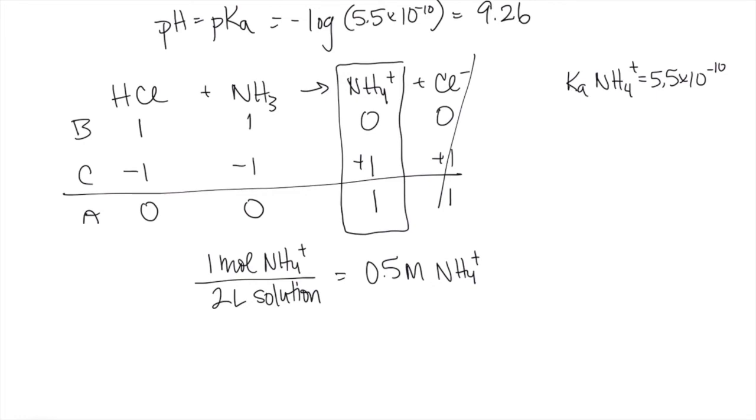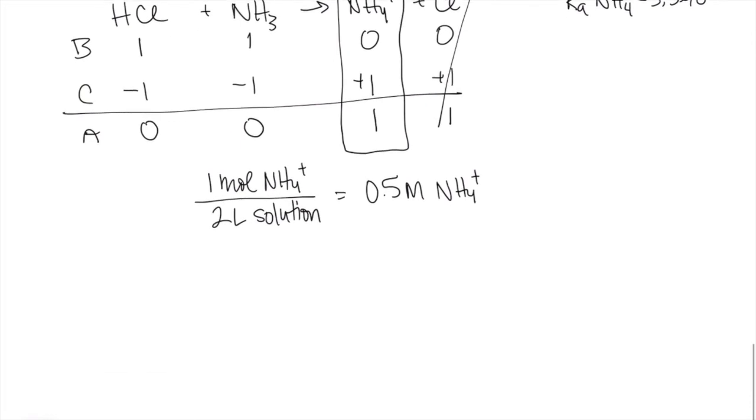That is a weak acid. What do I do with a weak acid? I'm going to need to do a RICE table, and I'm going to use the Ka equation. So after I do my BCA, I realize I need to take care of this NH4+. It's a weak acid. What do weak acids do? They react with water. There's an equilibrium. They make the conjugate base and H3O+. This is our Ka.